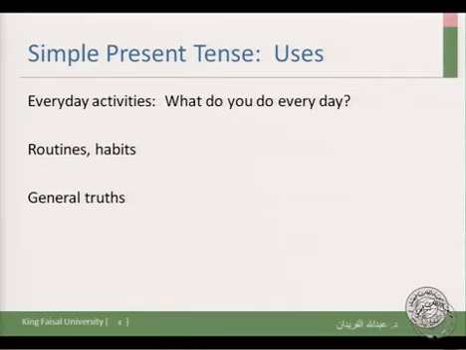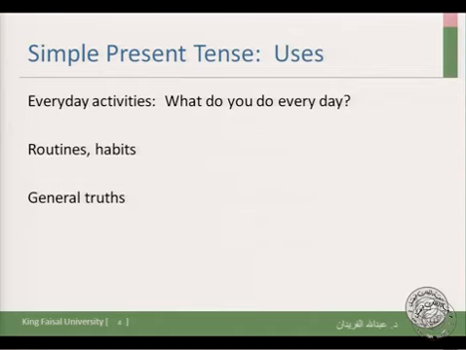General truth is like the sun rises in the east, the sun sets in the west. These are truth, facts. So with facts, we use the simple present. Routines and habits. I usually go to the gym every day. I usually play tennis. I usually watch movies. So these routines and habits, we use with them the simple present.